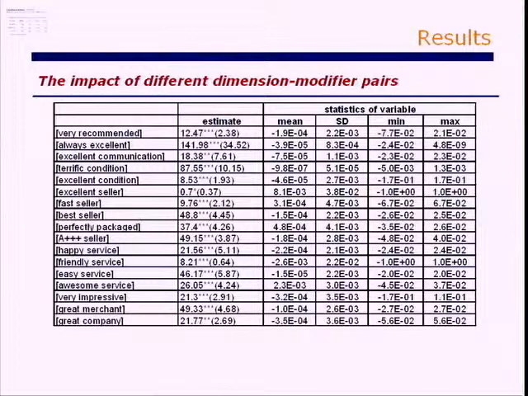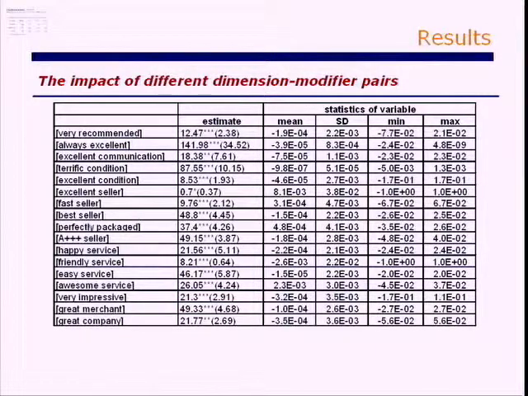I don't have a good way, so I'm committing the cardinal sin of the speaker who puts up a big table of numbers and doesn't have a good way for you to get your heads around them. The signs of these coefficients are meaningful. So a positive coefficient corresponds to having determined that a particular dimension modifier pair has a positive impact on the price that a seller can charge.